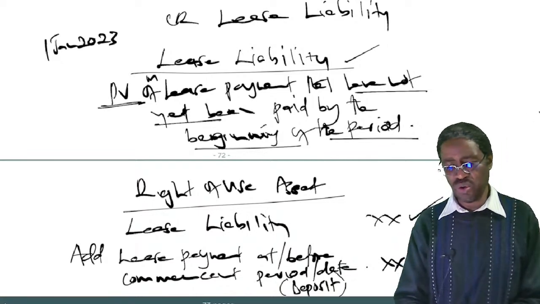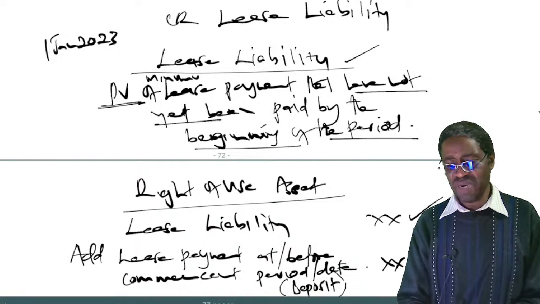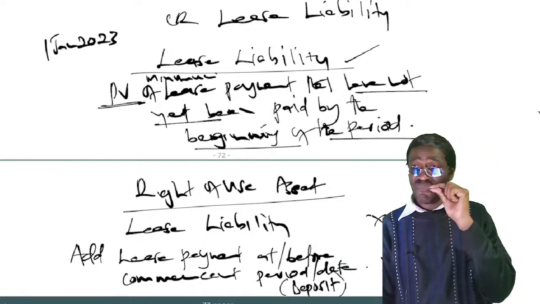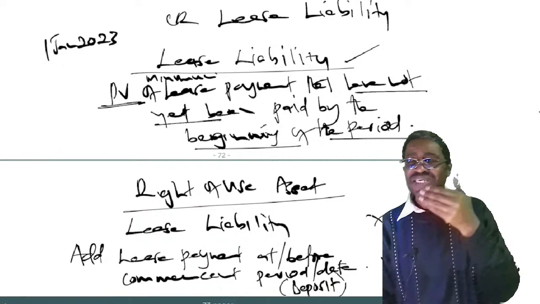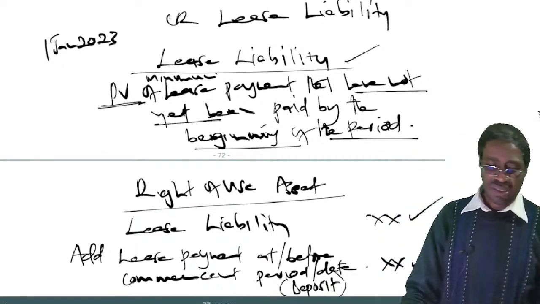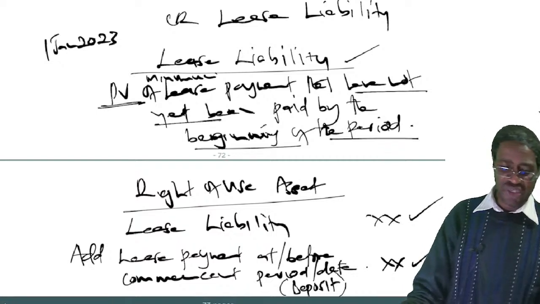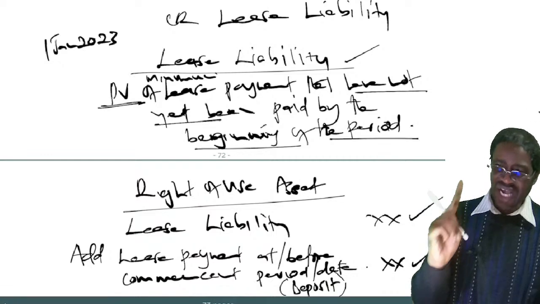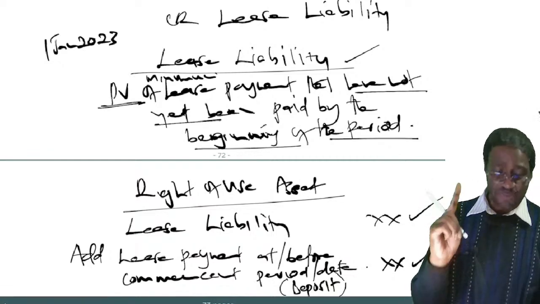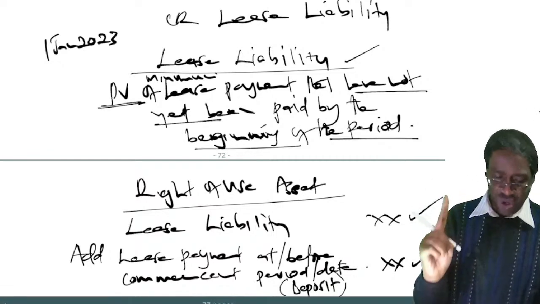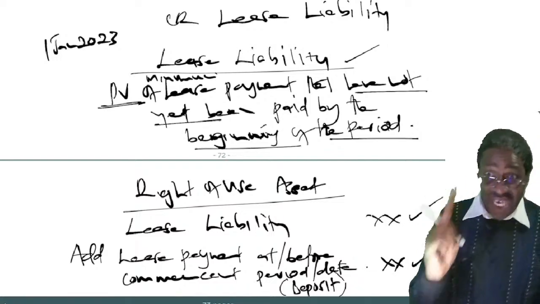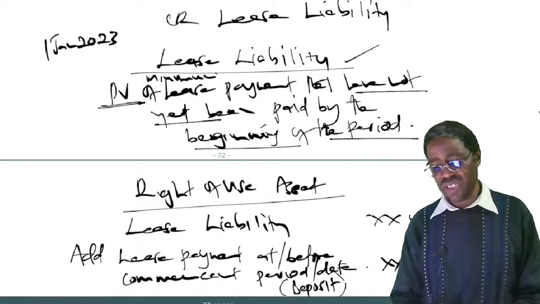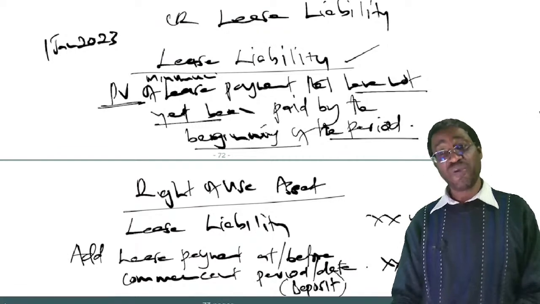Some books will call it present value of the minimum lease payments that have not yet been paid at the beginning of the period.